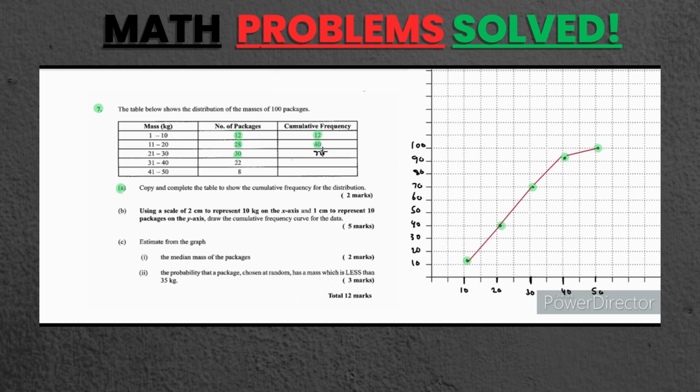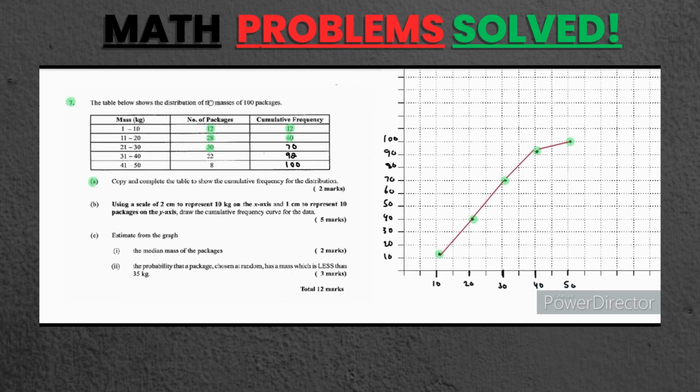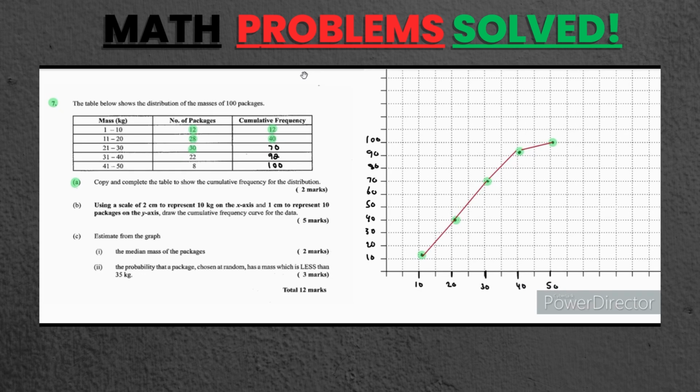So I will write 70 here, right? Then you will add 70 and 22. So it becomes 92. Then you will add 92 and 8. It will become 100, right? So this is the cumulative frequency distribution. We have completed the table, right? Then what will we do? Here we will make another column. I will roughly make it.